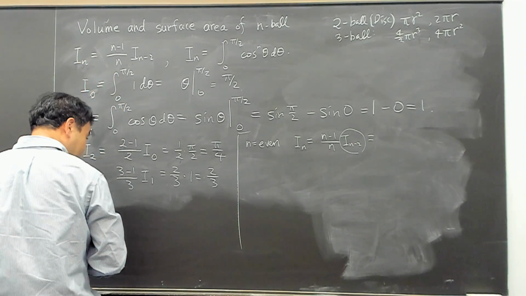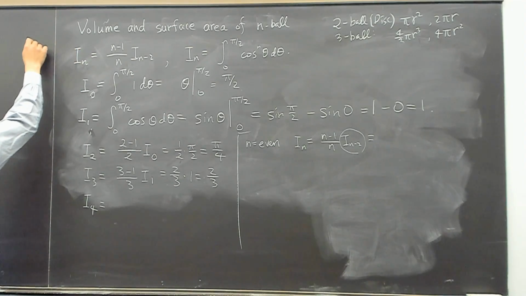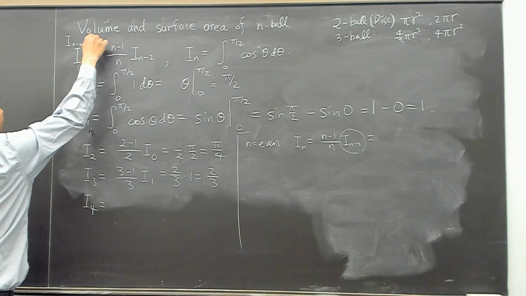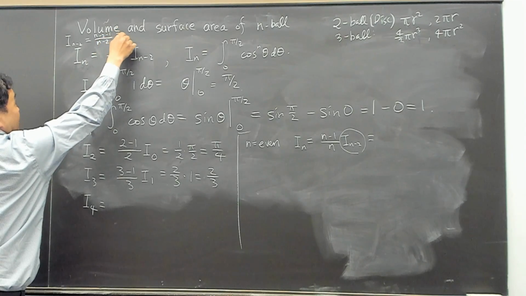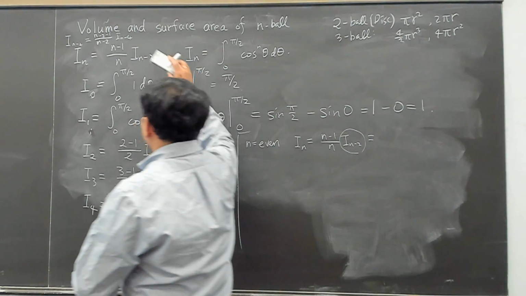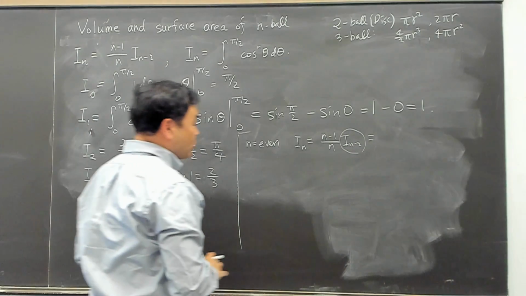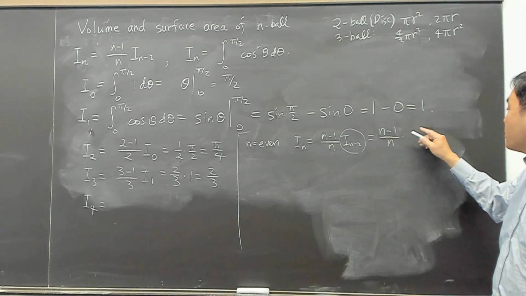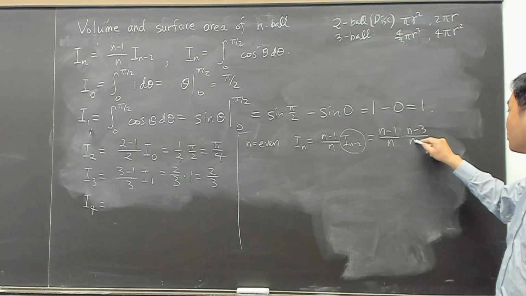So in other words, I sub n minus 2 is (n minus 2 minus 1) over (n minus 2) times I sub n minus 4. That's how I'm trying to use this formula. And if I simplify that and apply it to n minus 2, I get (n minus 1) over n times (n minus 3) over (n minus 2).